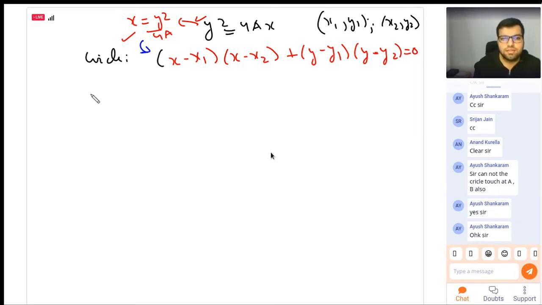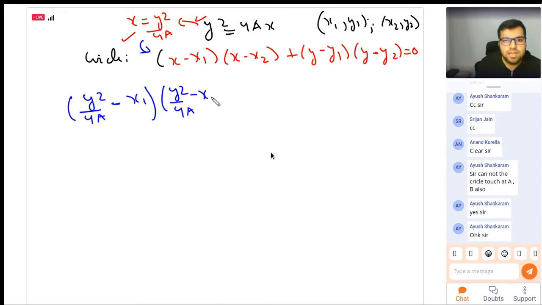So this becomes y square by 4a minus x1, into y square by 4a minus x2, plus y minus y1 into y minus y2 equals 0.